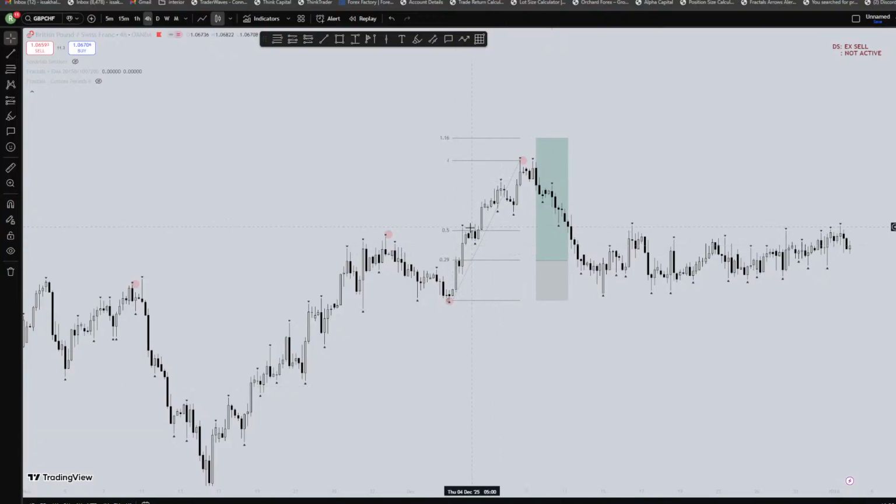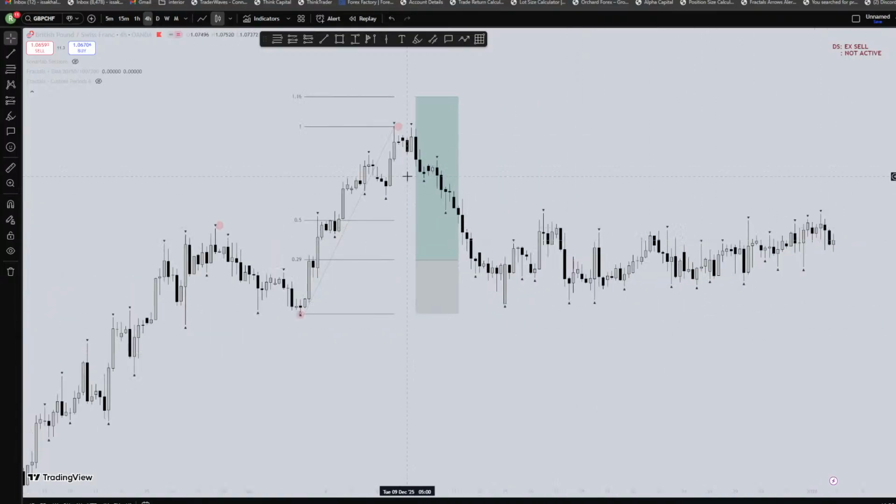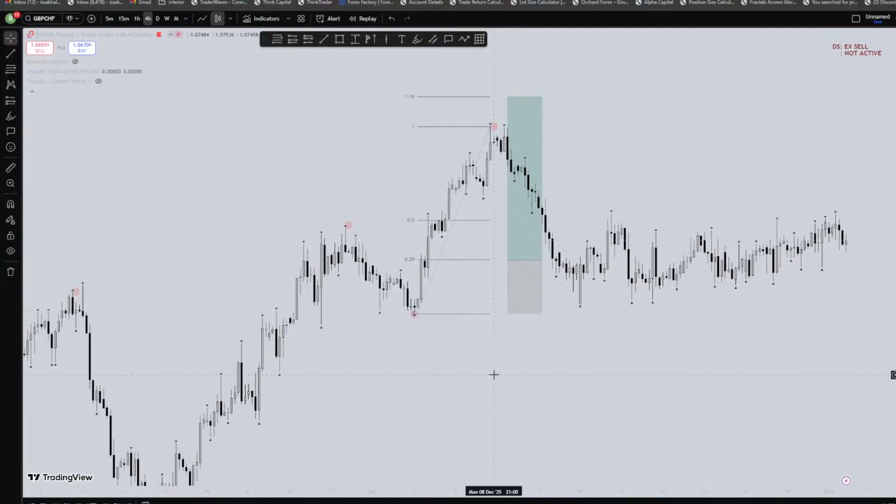Your price is moving. So this is a break of structure right there. Let's just pushed. Yeah, this is all internal because we're waiting for price to come back to this level.